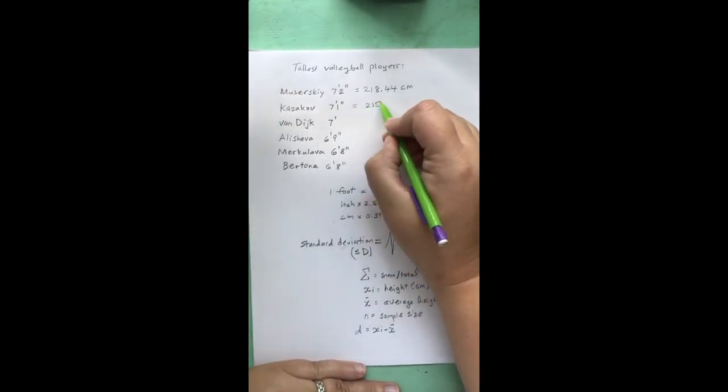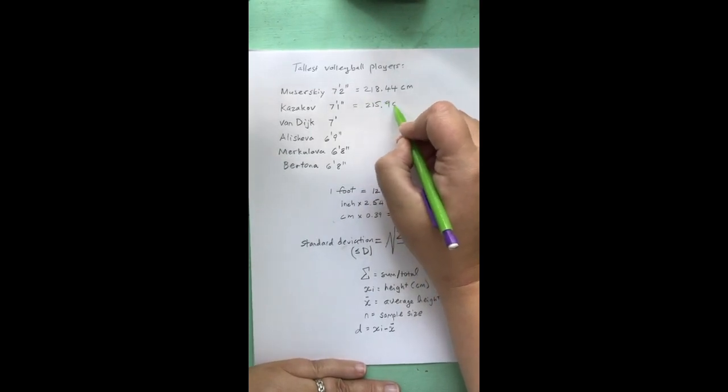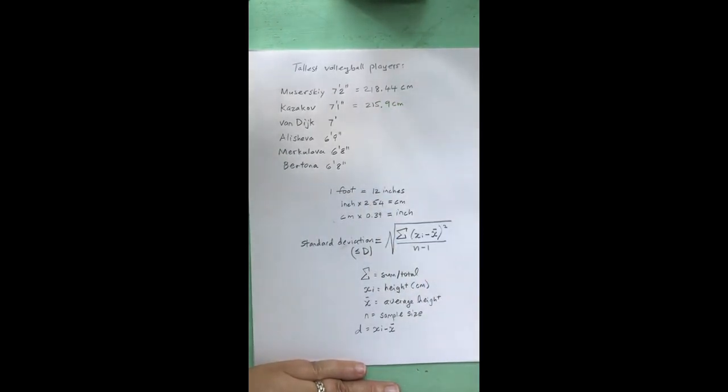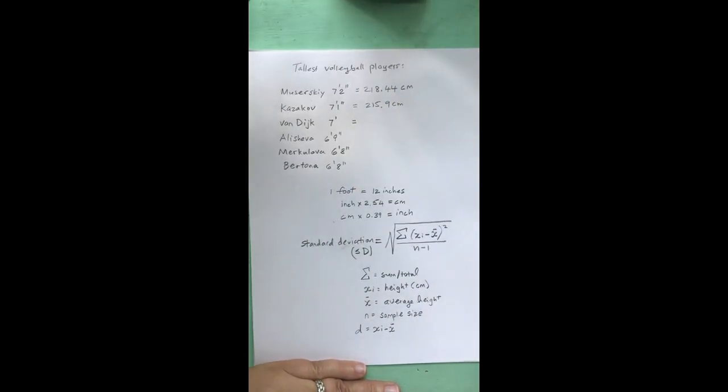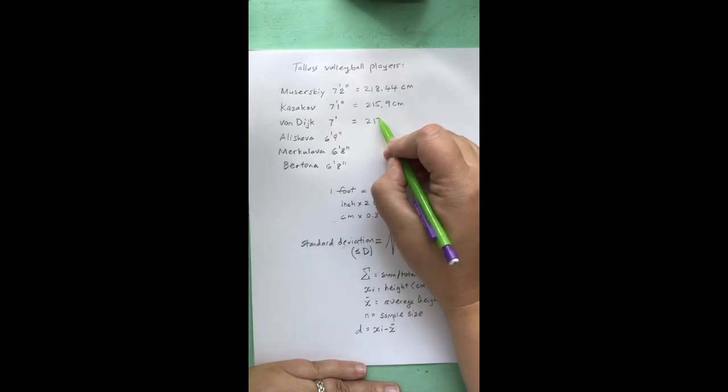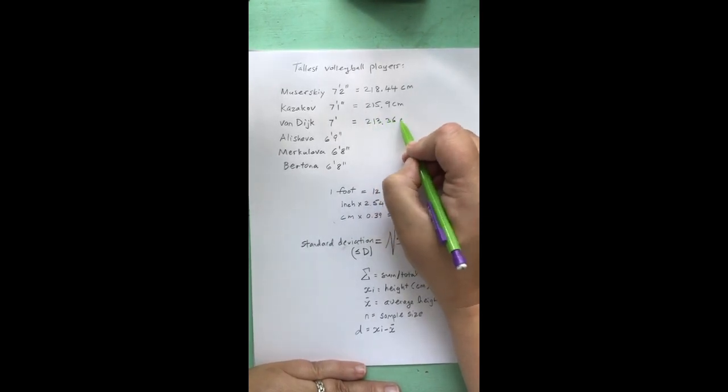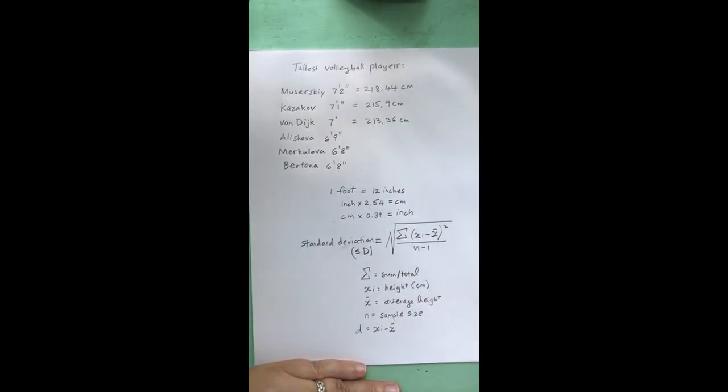This gives us 215.9 centimeters. 7 feet exactly would be 7 times 12, and that's going to be 84. And then we multiply 84 times 2.54 to get 213.36 centimeters.